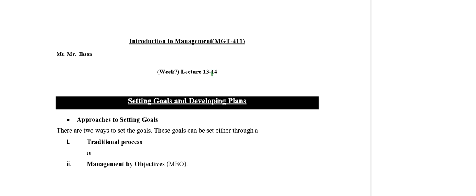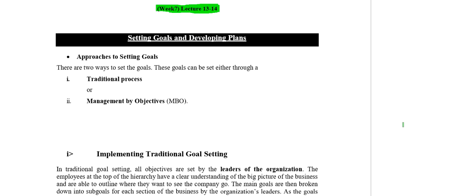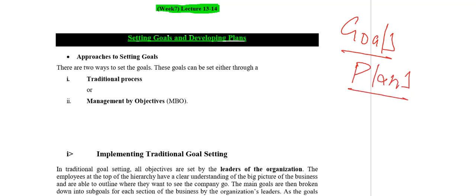Today we will start the summary of week number 7, lecture number 13 and 14. In this week we will try to understand goal setting and developing the plans. In previous week we had studied the types of goals and the types of plans.